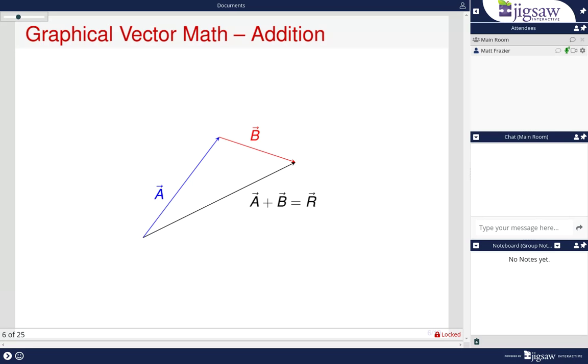So A might be up here, and then B might be over here. And we'll put the little arrow symbols in. All right, so they can be in different places, right? Because there's nothing special about where the vector is. What's important is the size of the vector and the direction.